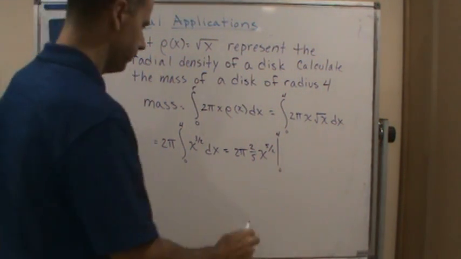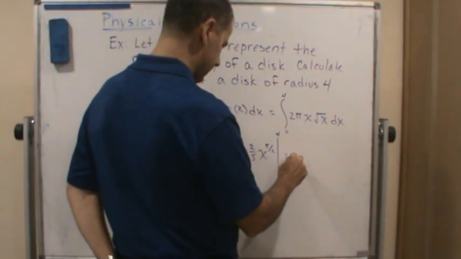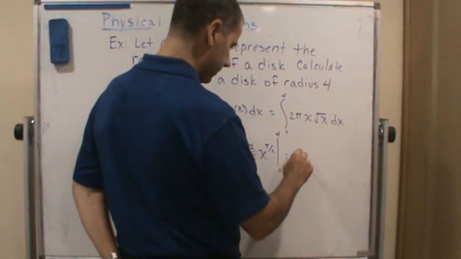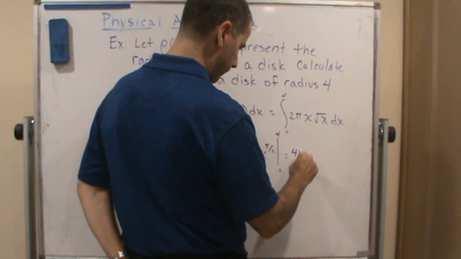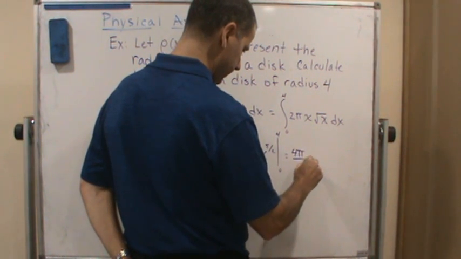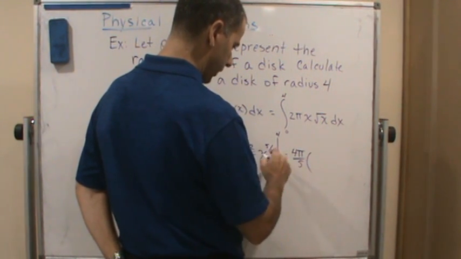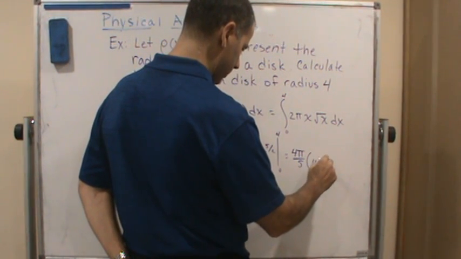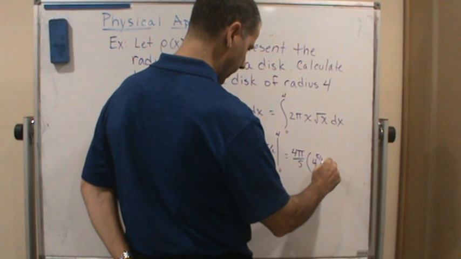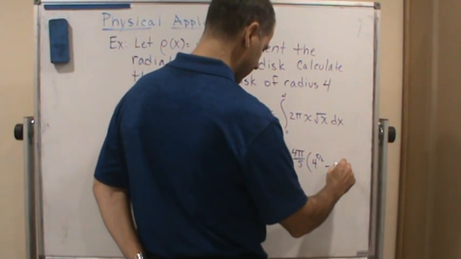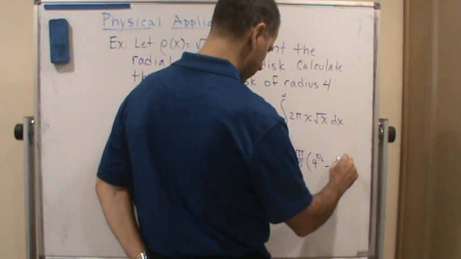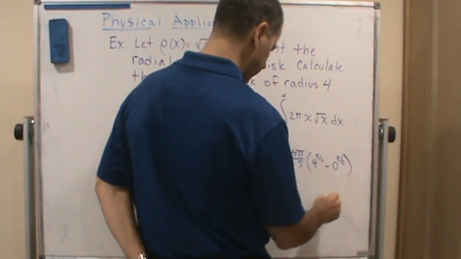And now, again, I'm going to simplify this. So this is going to be 4/5 pi, or 4 pi over 5. And it's going to be, what? I'm going to evaluate it at 4, so it's going to be 4 to the 5 halves minus 0 to the 5 halves, which is just 0.